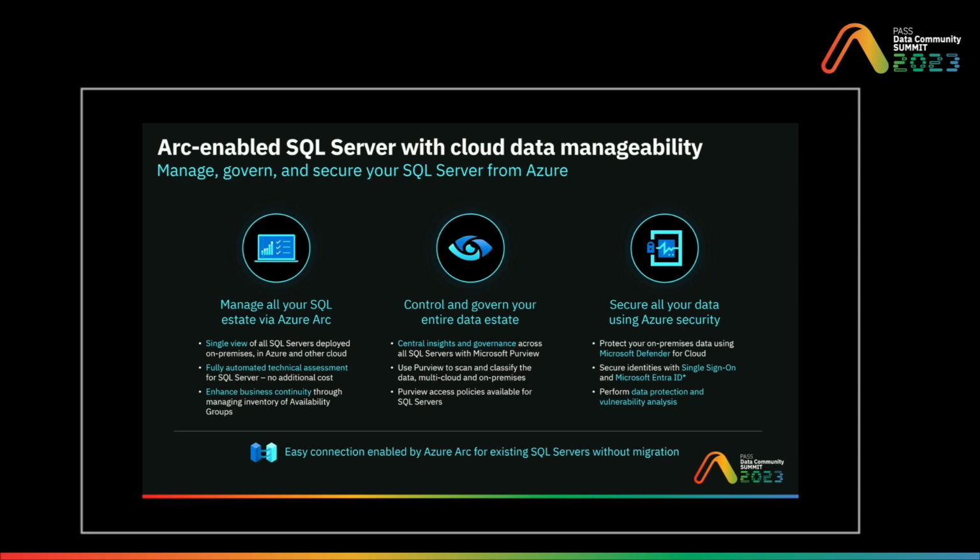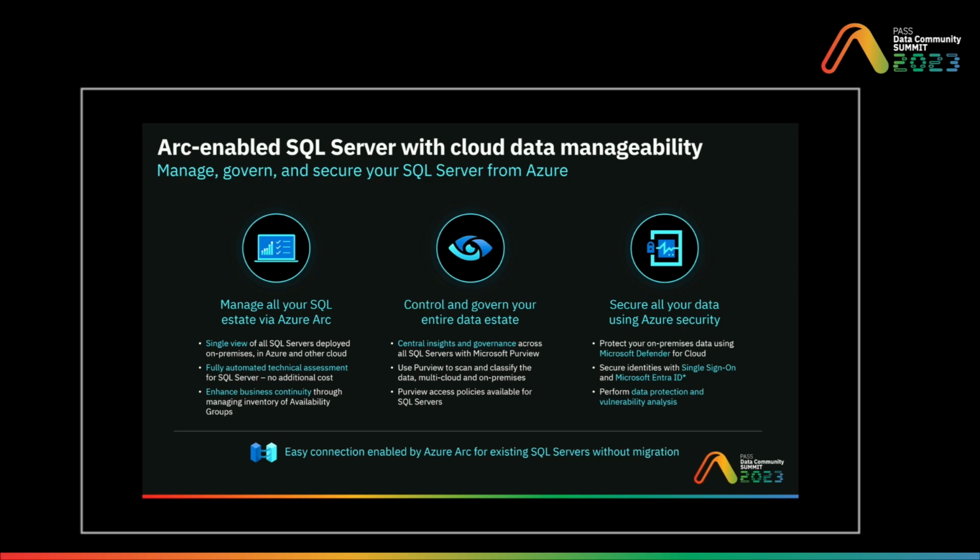And then the next bucket of capabilities is how to govern these SQL servers. How to govern the access control for these SQL servers at scale for the entire estate. How to classify your data. And how do you define which specific roles can have access to classified data. And what is my data lineage to begin with? Which applications are accessing what data? And how is the data flowing between downstream applications and upstream applications?